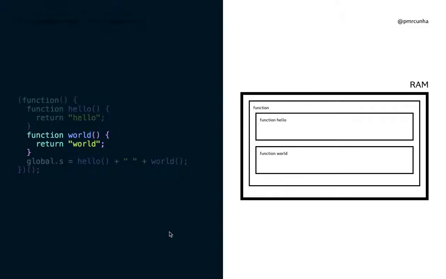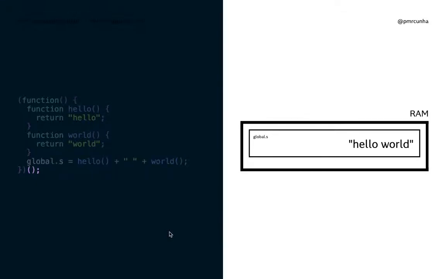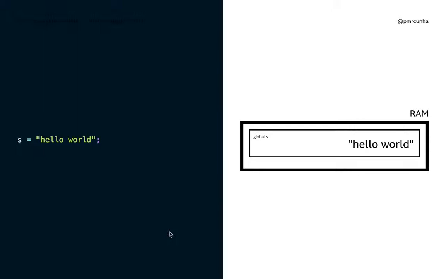Another one. And in the end, we put the result of calling it in as a string in the heap as well. But now this scope is going to end, and the garbage collector knows that I no longer need those functions because it's an IIFE, they can't be called again. So that's going to go out of memory. So what Prepack is going to do with this is just replace it with a string declaration.